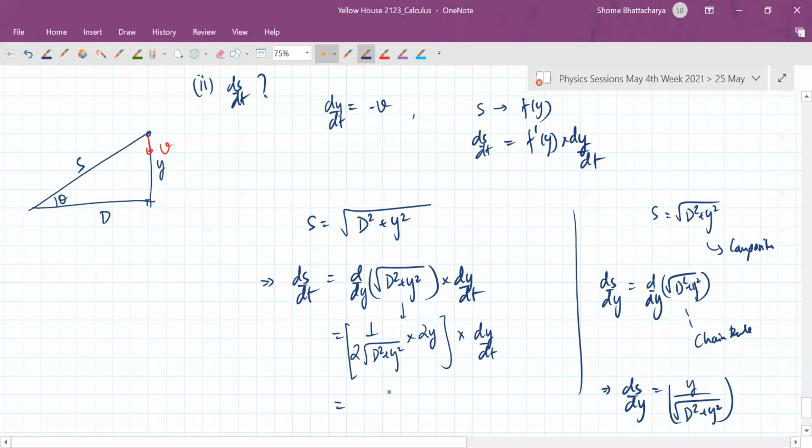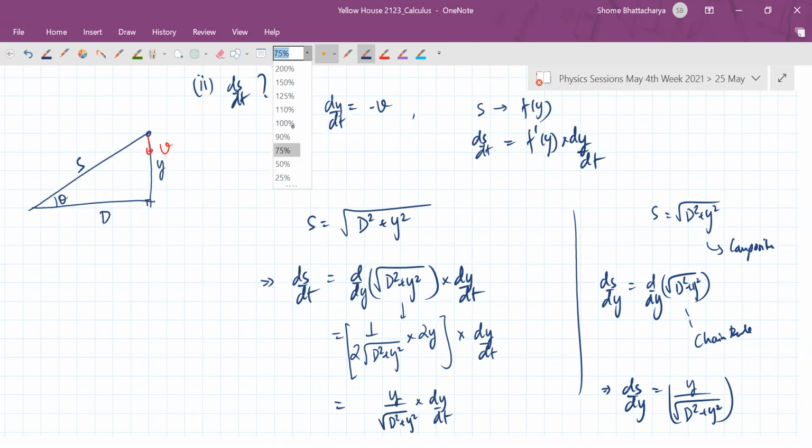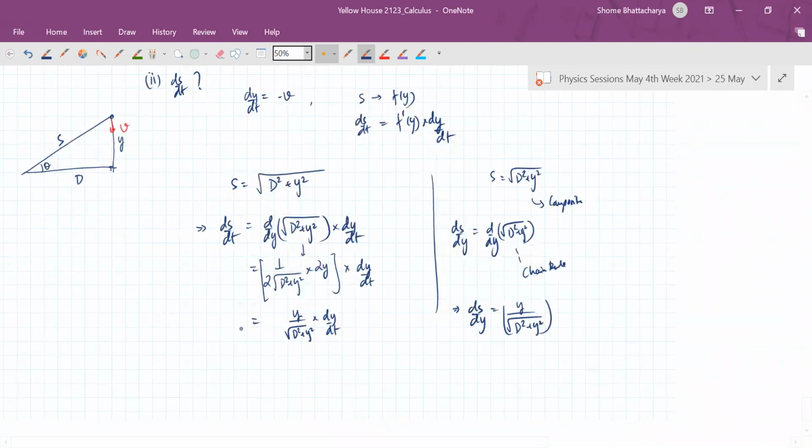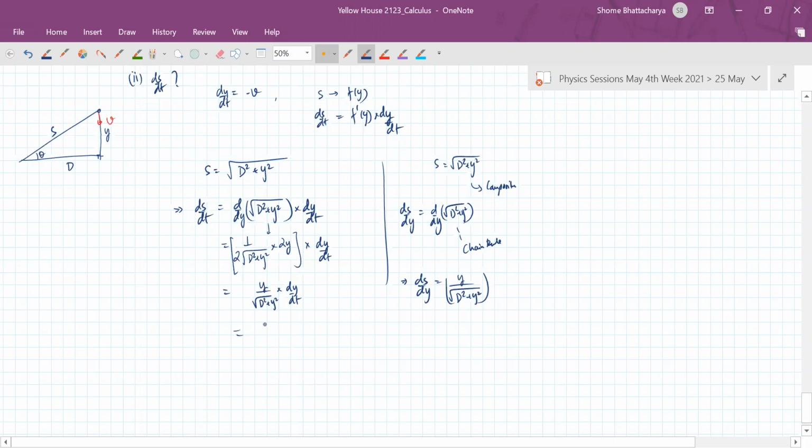So further, this quantity is nothing but sine theta into minus v. This is what our ds by dt is in general.